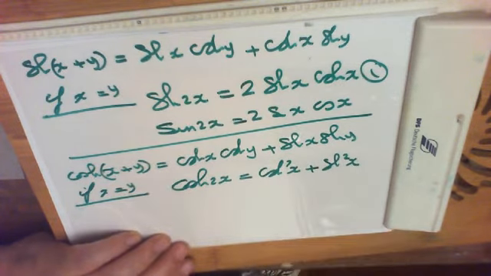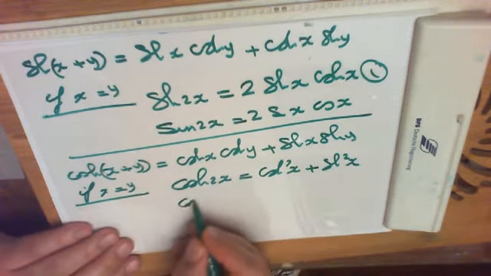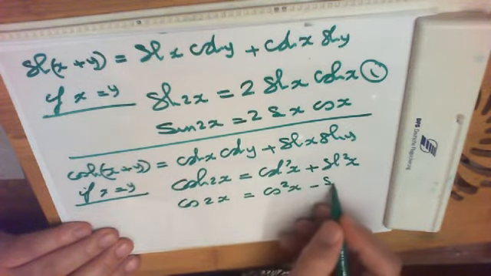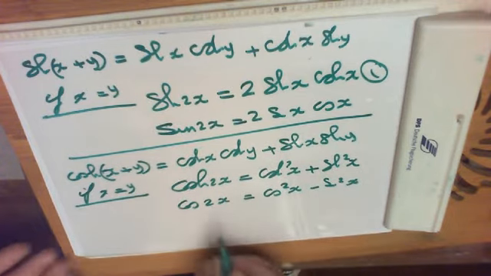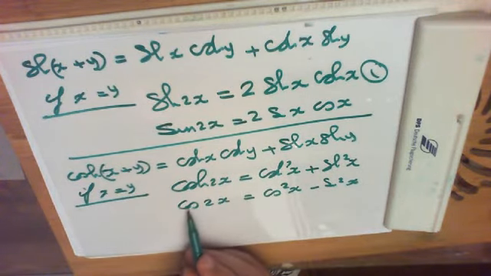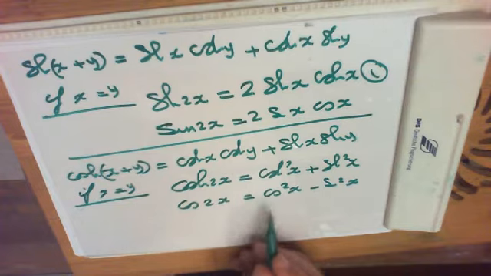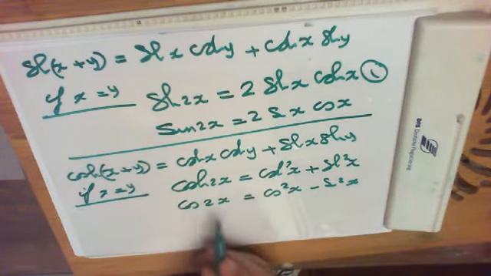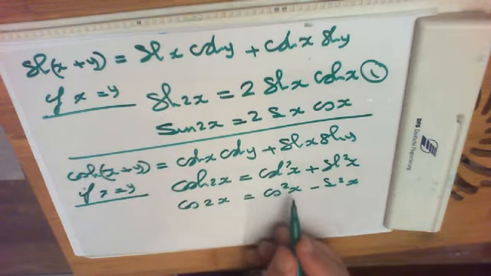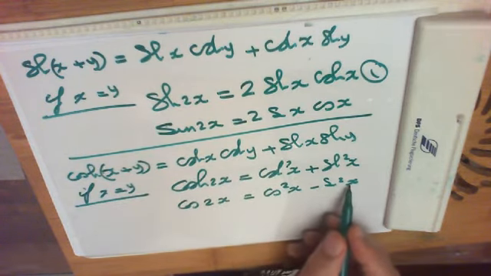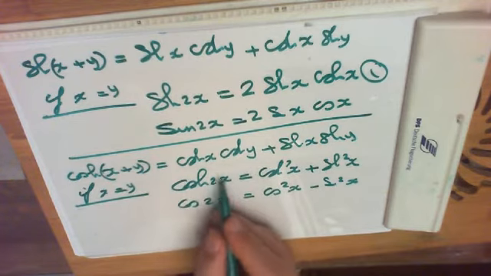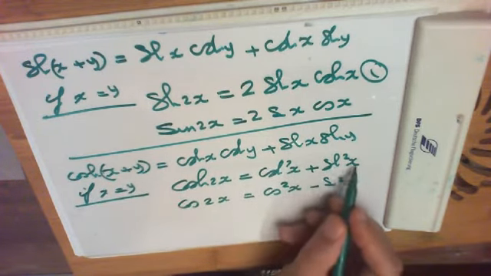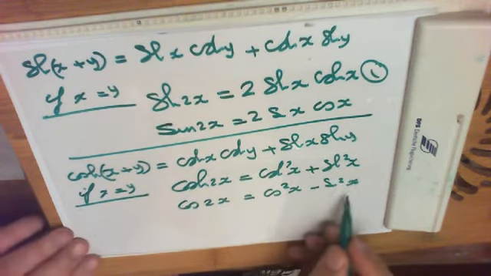While in trigonometry, we have cosine 2x equals cosine squared x minus sine squared x. If you remember, we said cosine twice the angle equals cosine squared the angle minus sine squared the angle, or cosine any angle equals cosine squared half the angle minus sine squared half the angle. Here, cosine any quantity equals cosine squared half the quantity plus sine squared half the quantity. Okay, this is number 2.